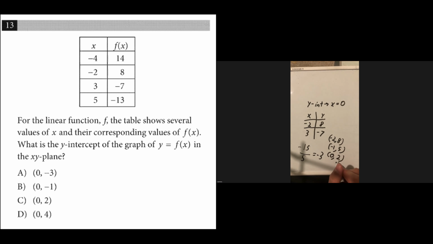So it'd be 0, 2, which would be answer choice C. So the change in x was 5, the change in y was negative 15, because we went from positive 8 to negative 7. So negative 3. And then when we need to find x equals 0, we just subtract 3 each time. I'll get a C.